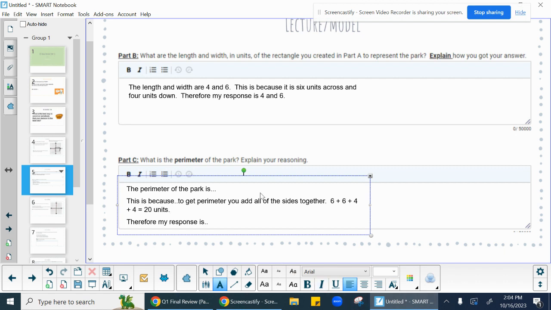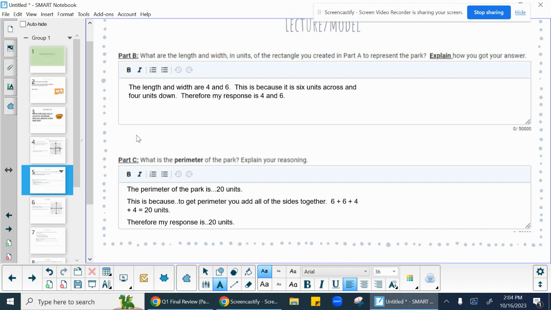So we're going to say the perimeter of the park is 20 units. This is because to get perimeter, you add all of the sides together. Therefore, my response is 20 units. All right, so that covers part C.